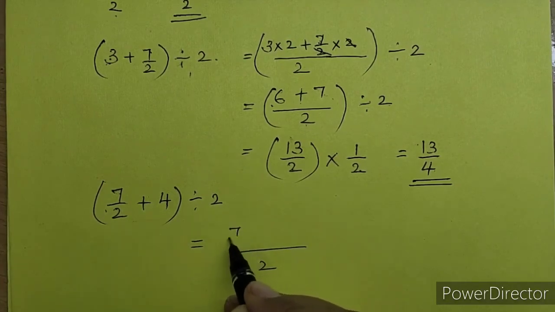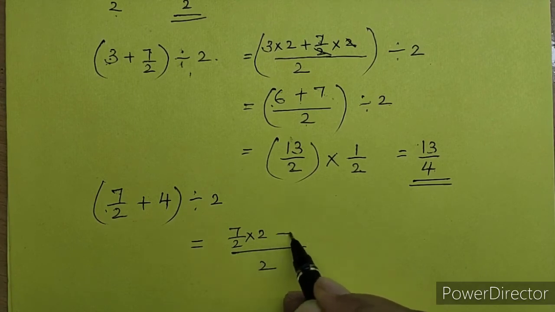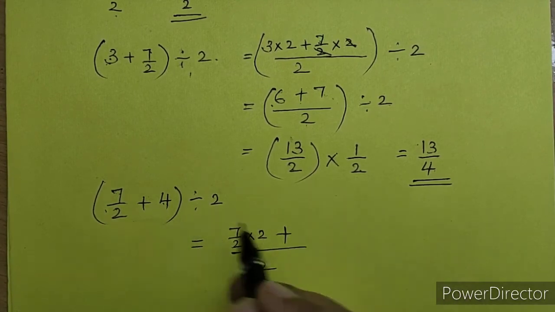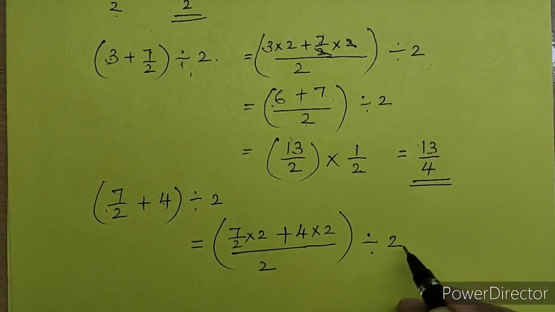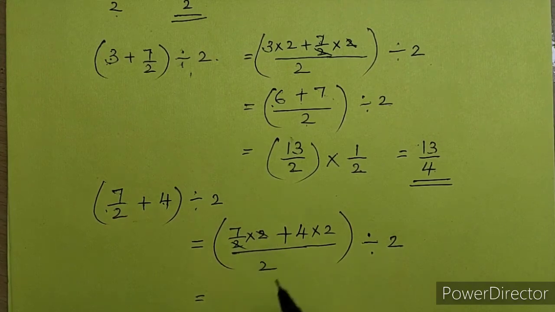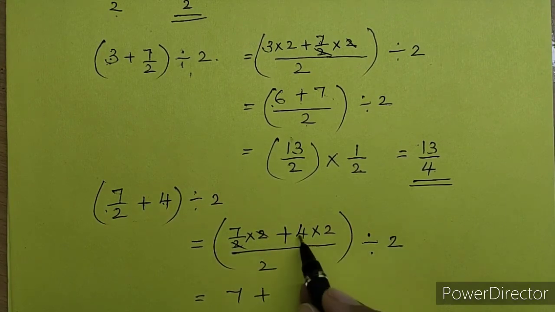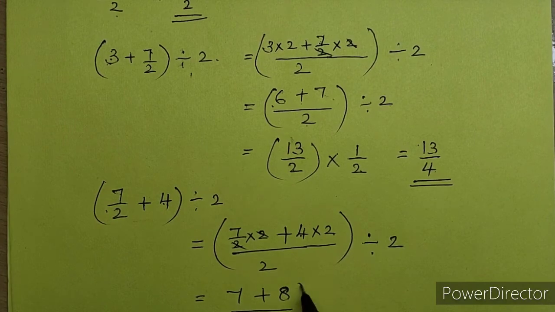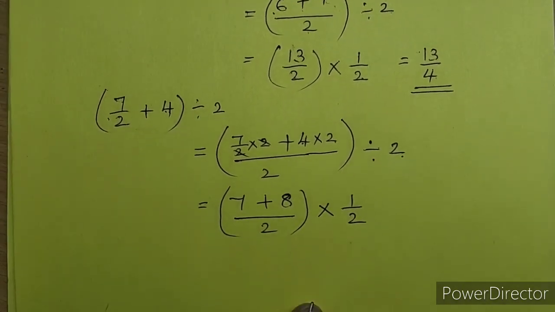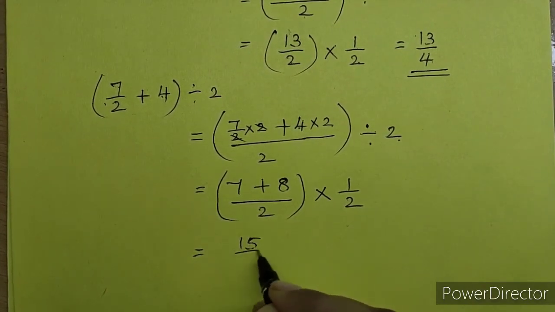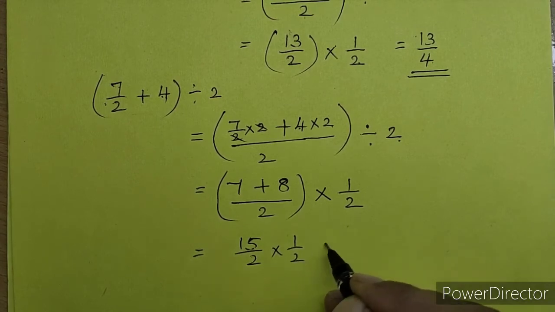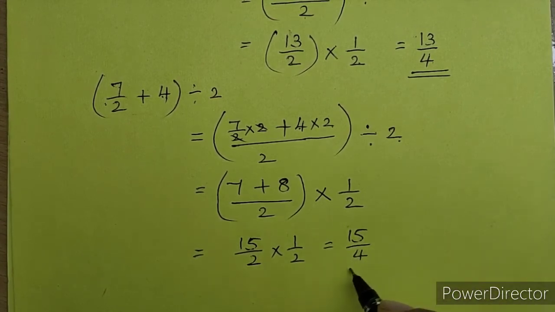Each number you multiply by LCM: 7 by 2 into 2 plus 4 into 2, divided by 2. 2 and 2 you can cancel. Remaining it is 7 plus 8, divided by 2. Division of a fraction you can change into multiplication and take the reciprocal. So 7 plus 8 is 15 by 2 into 1 by 2, which is equal to 15 by 4.